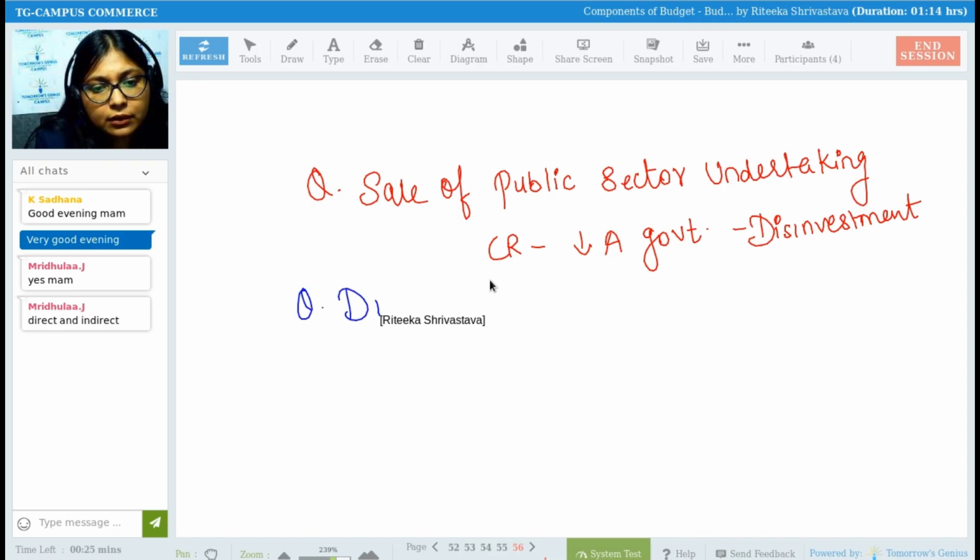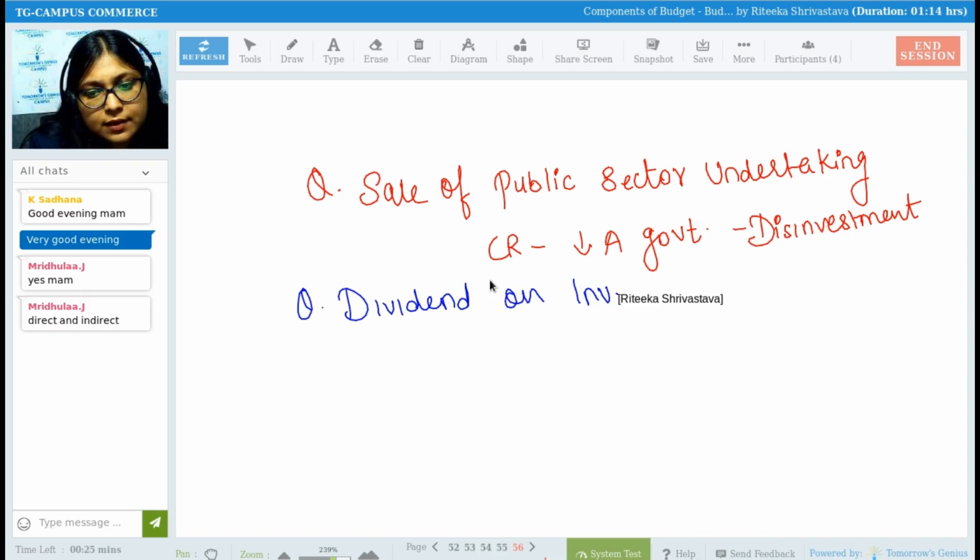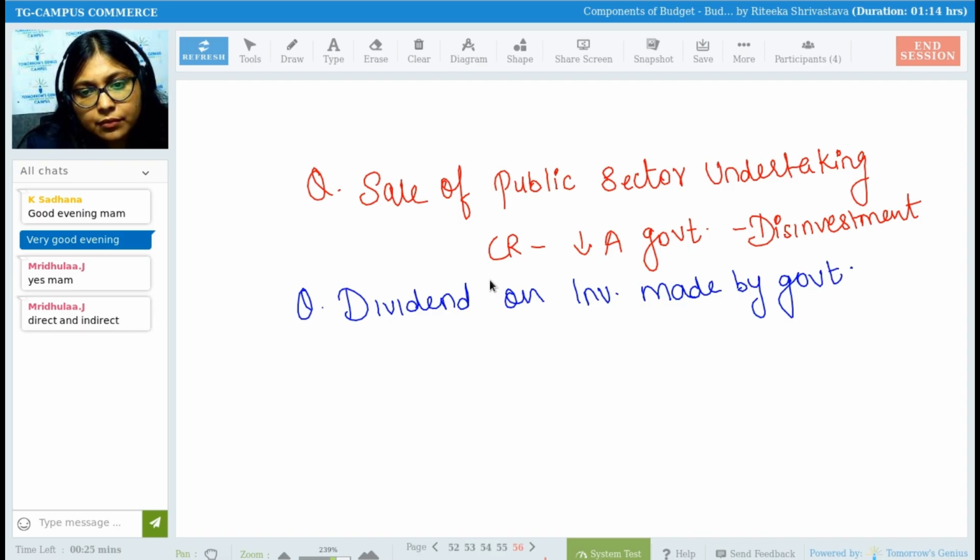Next, dividend on investments made by government. Tell me, is it a revenue receipt or a capital receipt?